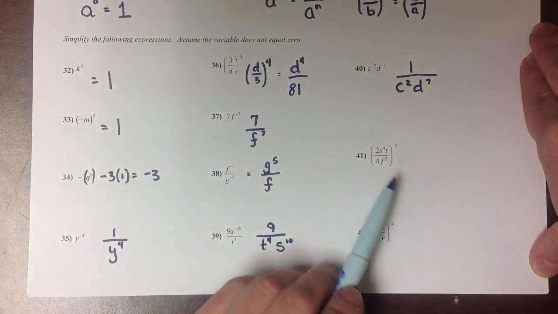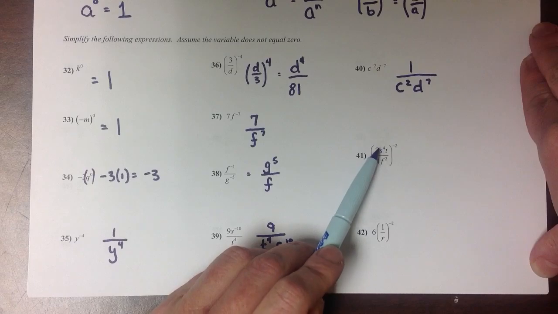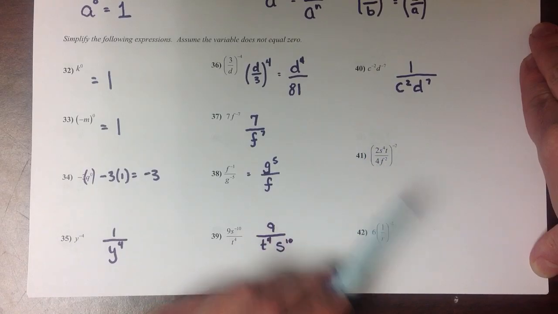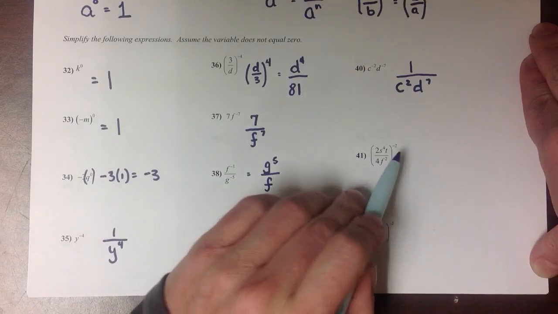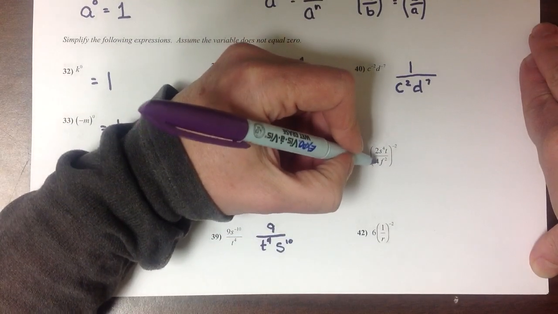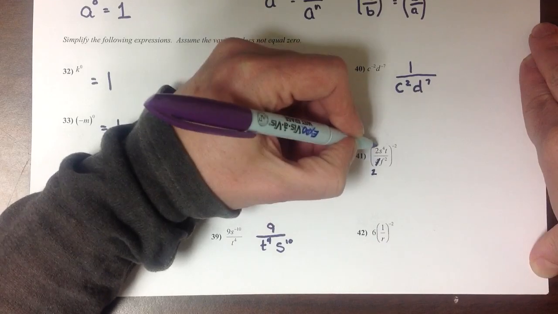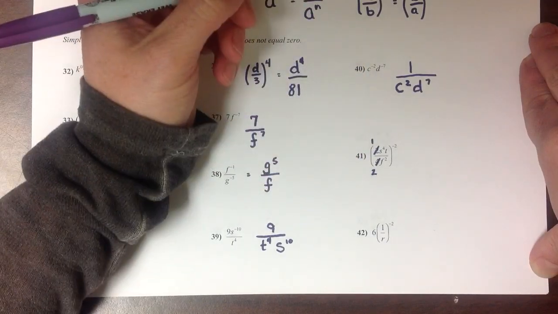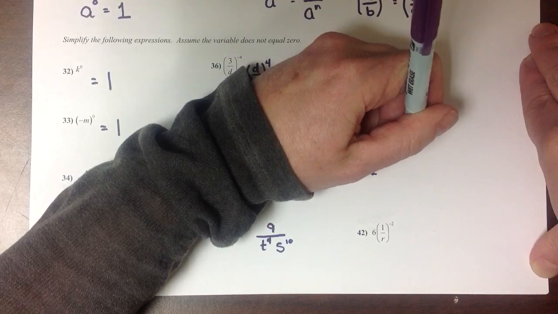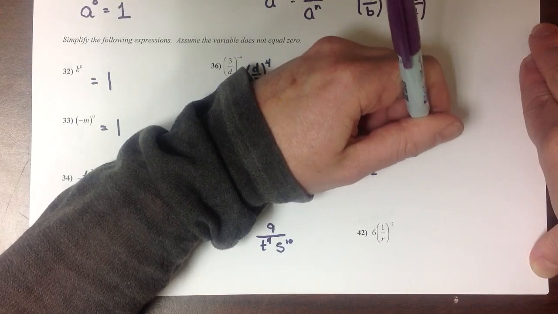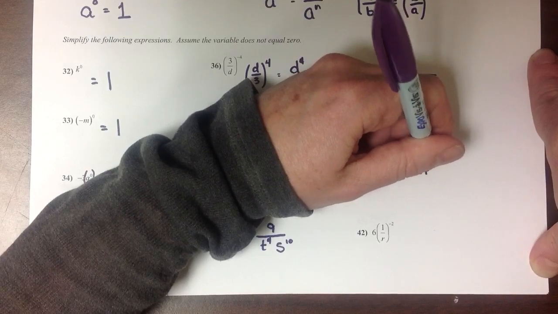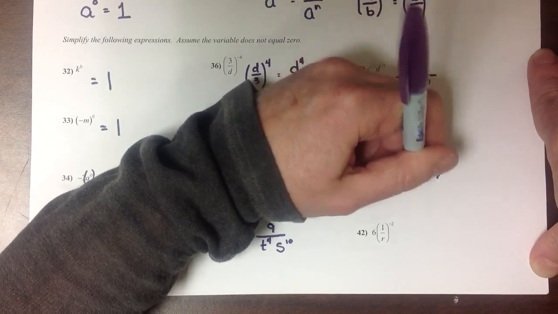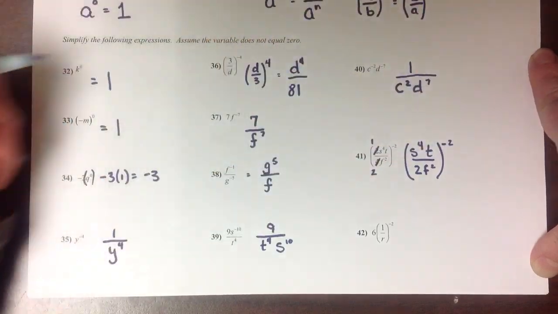In this next one, remember that rule about being able to simplify things inside fractions before you start applying their exponents? So let's do that first, parentheses first. Make this 4 into a 2, the 2 into a 1. So now we're taking s to the 4t over 2f squared, and that's what's getting raised to the negative 2.